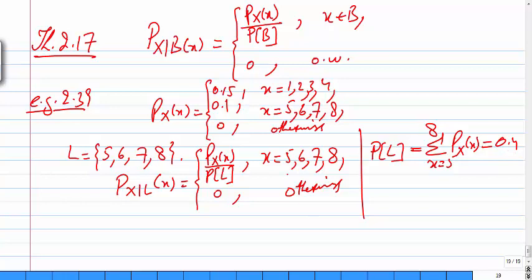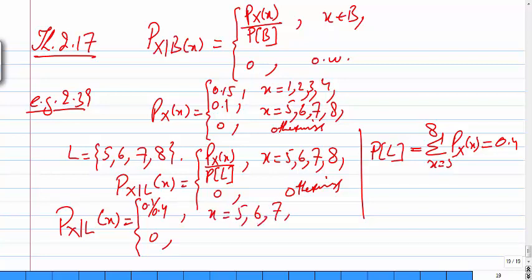Now when we plug in, the PMF of x given L is equal to 0.1 divided by 0.4, for x equal to 5, 6, 7, 8, and 0 otherwise. So this is the way you can calculate the conditional PMF.